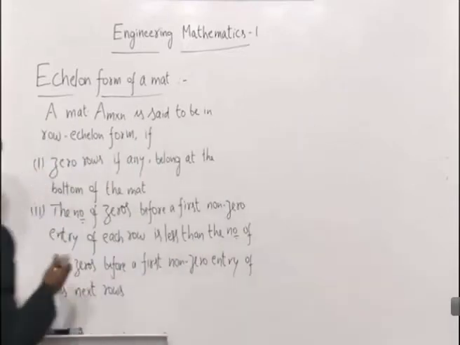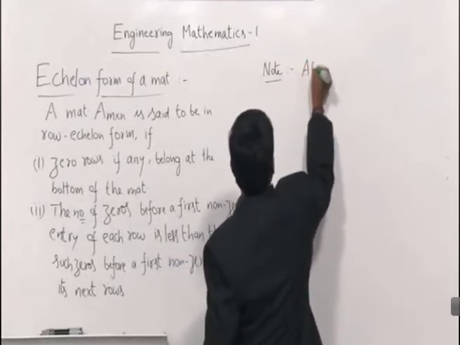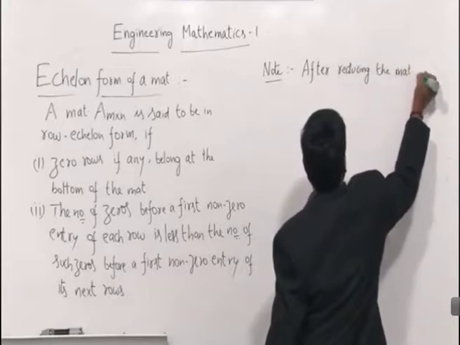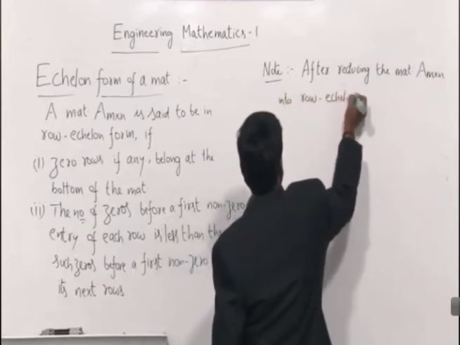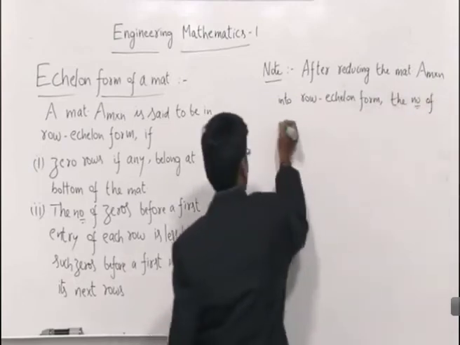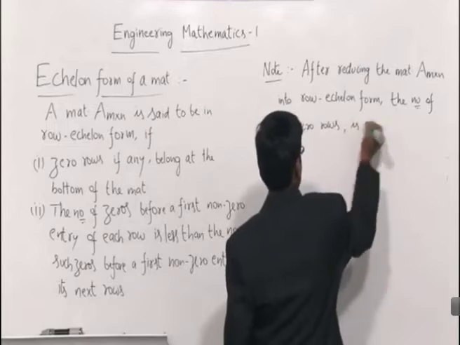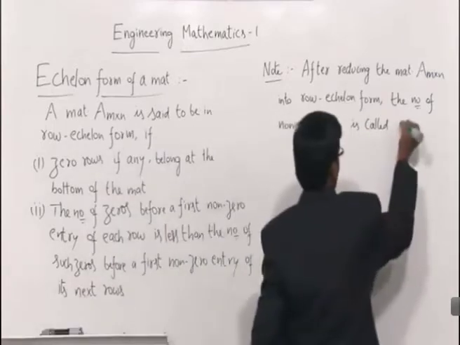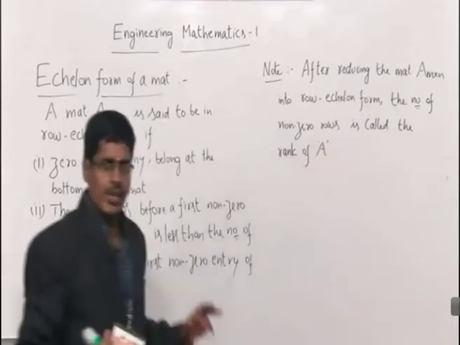I will give you the example. Note: after reducing the matrix A of size m cross n into row echelon form, the number of non-zero rows is called the rank of A. That is the advantage of echelon form.